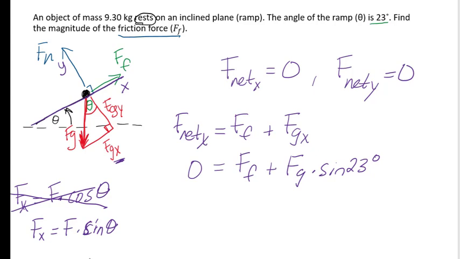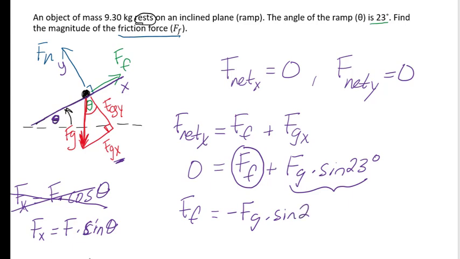So very important. Usually finding the x component is always cosine, the y component is sine. If we're going to draw our triangle like this, and if we want to use the same angle that's given in the question, we have to use sine for finding the x component. So we're looking for the friction force, which is right here in our equation, and so we can just rearrange this. The friction force, we're going to subtract this piece, is equal to minus Fg times sine 23.